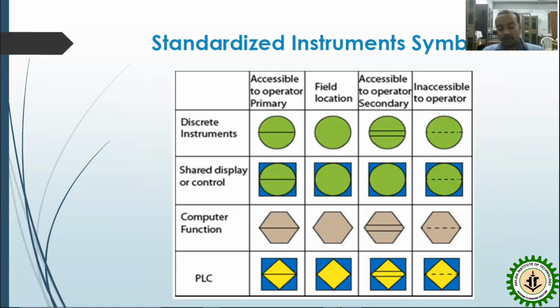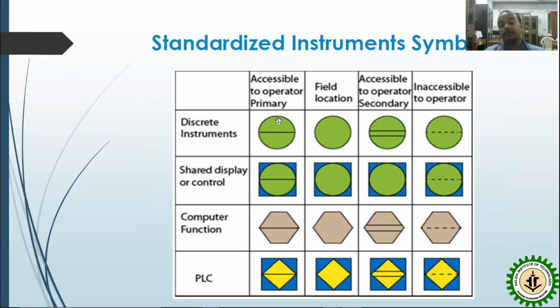Not only the lines or the connections from one end to the other end, the standardized instrument symbols also need to be identified from the P&ID diagram. So in the column, if you just see, it is written accessible to the operator, primary. That means if you have an idea about the HART protocol, there are two operators we are talking about. One is the primary master, another one is the secondary master.